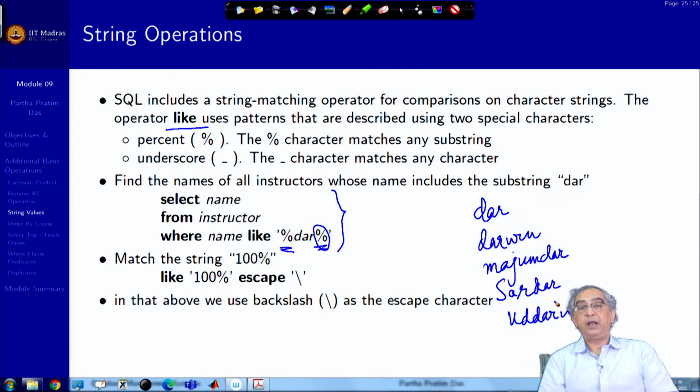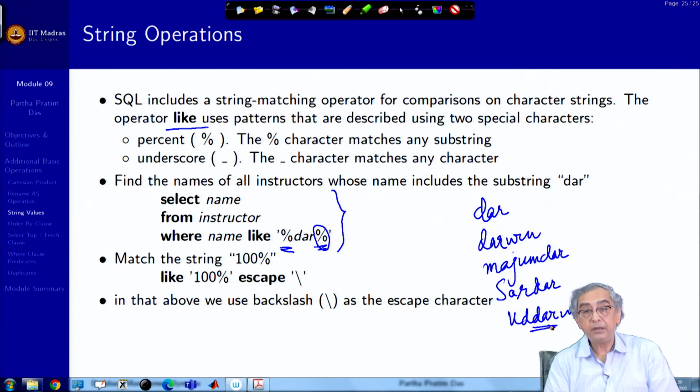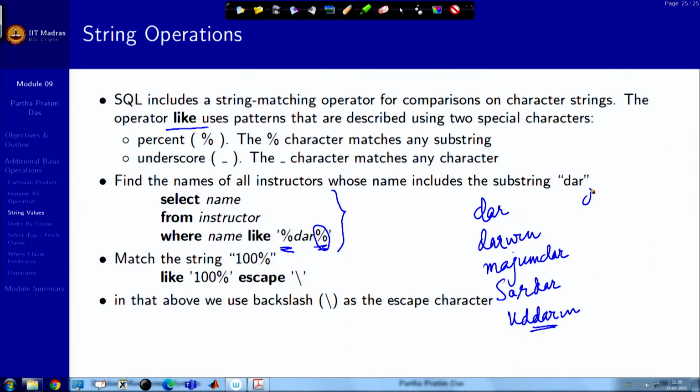It will match Udarin, where Dar is here. If instead of putting percentage on both sides, I just put it in the front, it will match this, but it will not match this, because it needs a trailing match. It will match this, it will match this, but it will not match this. So, that is how it works.